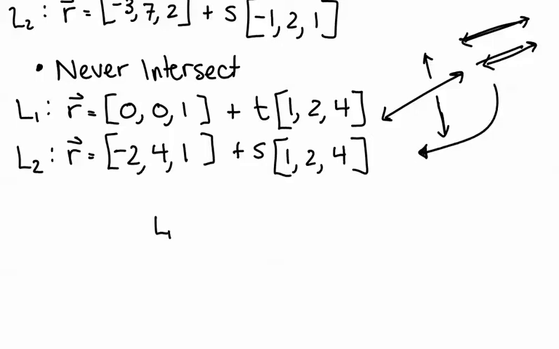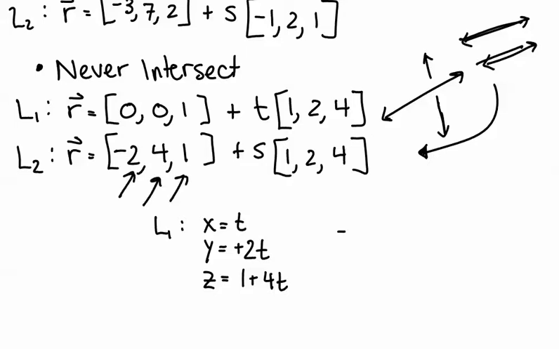So if I take line 1 and I make a couple parametric equations, I got x equals 0 plus t, y equals 0 plus 2t, and z equals 1 plus 4t. And then if I just want to sub in my point for x, y, and z, so if I sub in these values, I say -2 equals t, 4 equals 2t, and 1 equals 1 plus 4t.